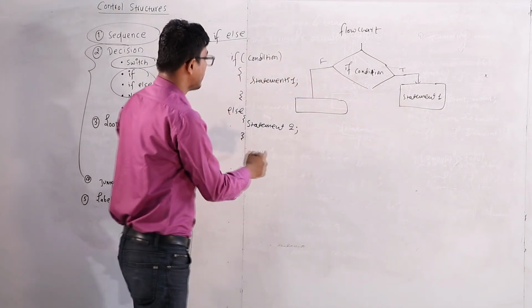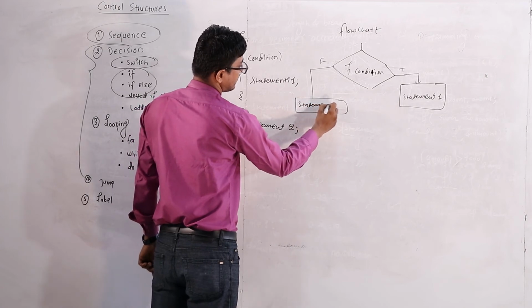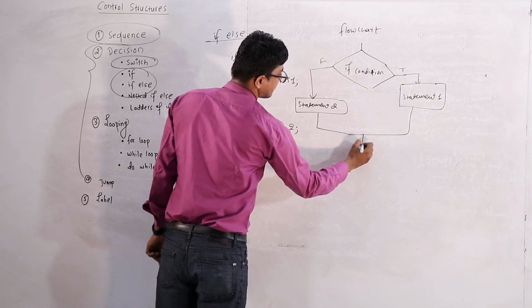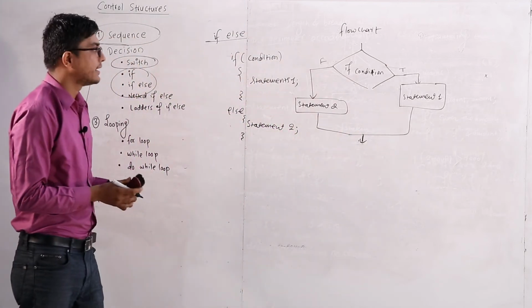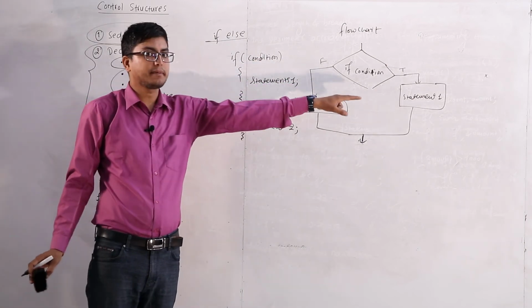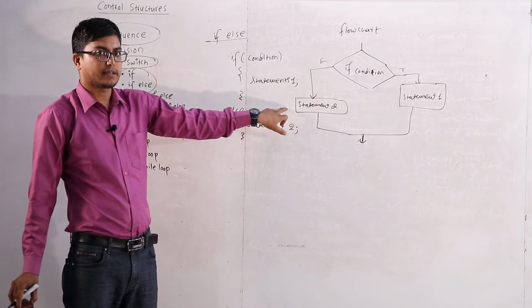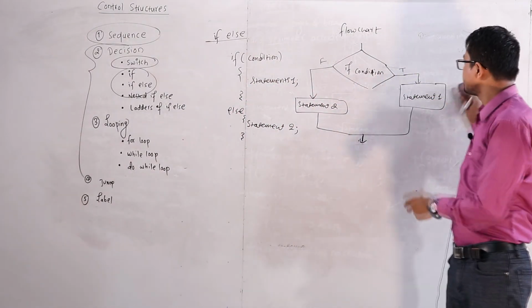If condition is false, statement 2 will be executed. It is very clear in the flowchart that if the condition is true, then statement 1 will be executed, otherwise statement 2 will be executed. So let's see the programming example here.